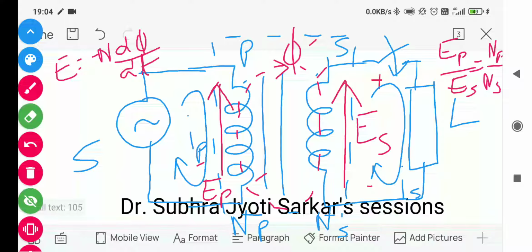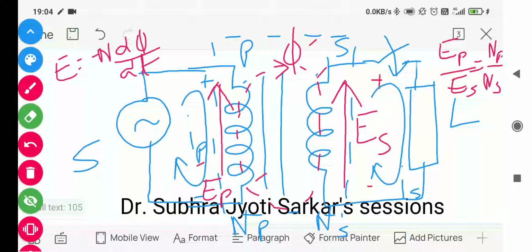Now, one point we could observe here is the direction of EP. According to the direction of EP, this point should be positive with respect to this one during the positive half cycle.